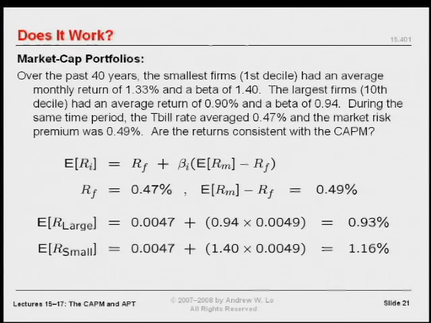Okay? So now let's ask the question, what is the expected return of a large stock portfolio? Well, according to this, it should be 93 basis points per month. What about the small stock portfolio? According to this, it should be 1.16% per month.